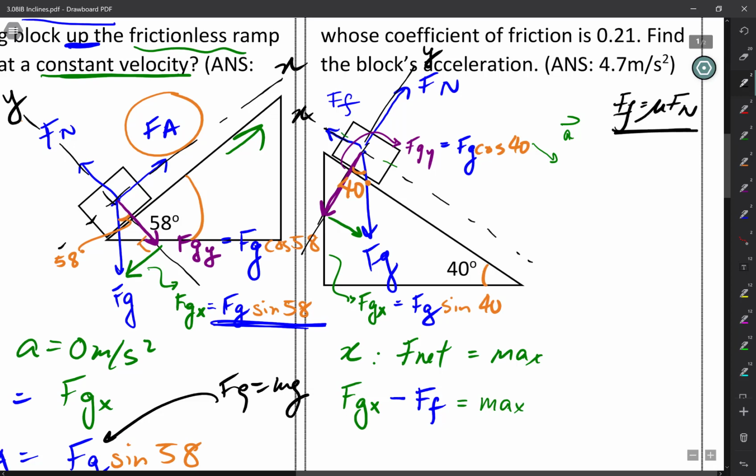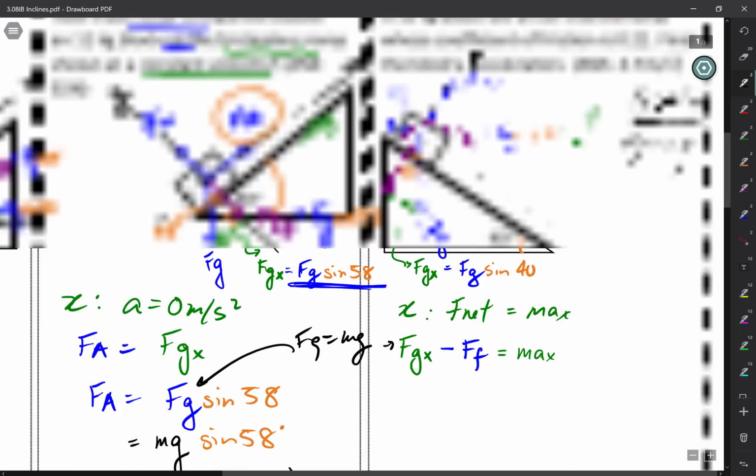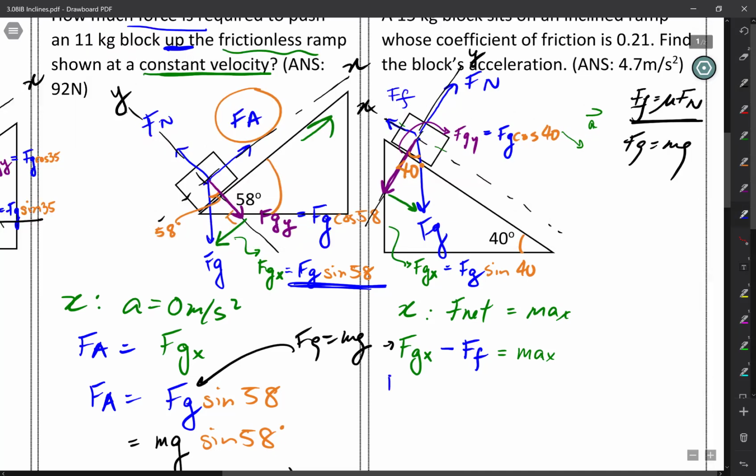So let's substitute force of friction, and let's say also force of gravity, into this equation over here. If I do that, I am going to have Fg sine 40, which is substituting this guy over here, and minus force of friction, which is also this guy over here, mu Fn, and this is equal to mass times the acceleration down the incline.